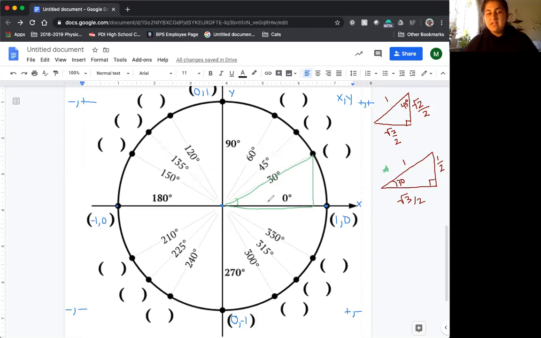And if that long side represents x, then we know that this is going to be root 3 over 2, comma. We know our short side has to be 1/2, and our short side's going up and down, which is our y value. So root 3 over 2, comma 1/2. So that's our first section of the unit circle filled in.